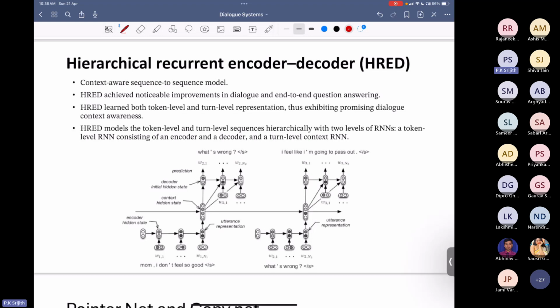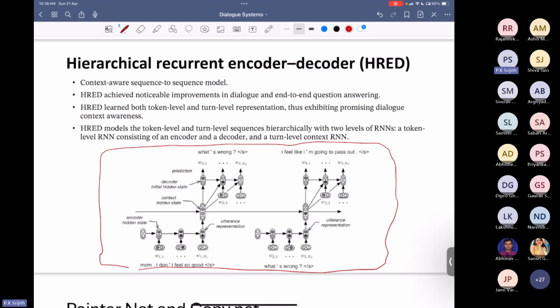Some researchers came up with this hierarchical recurrent encoder decoder model. If you look at this architecture, this is the architecture of the hierarchical recurrent encoder-decoder model.